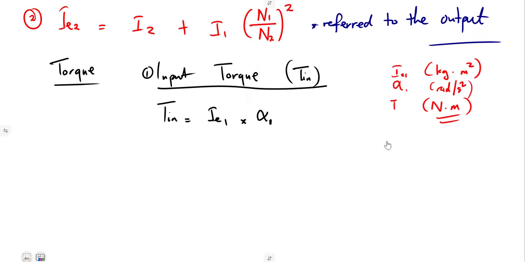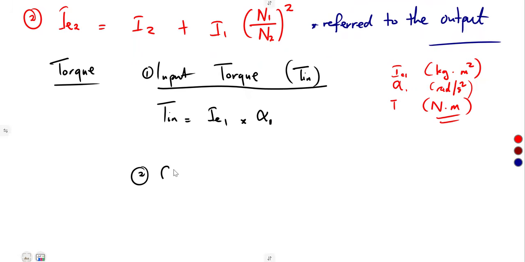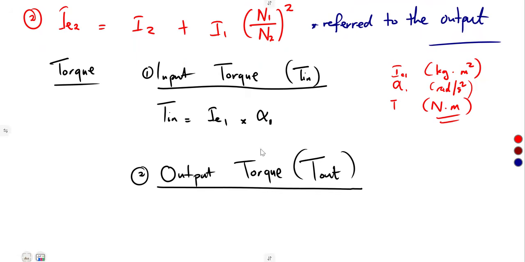What about the output? Output torque can also be calculated if we have the output, which is 2, referred to the output. So it follows that T out is going to be the moment of inertia that we have referred to the output times the angular acceleration for that output.